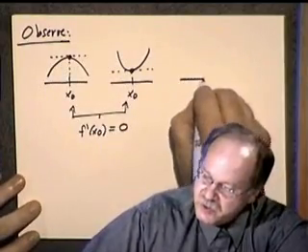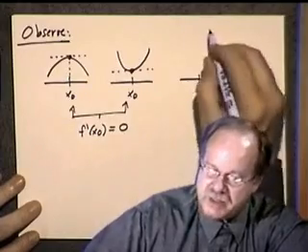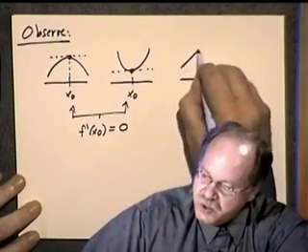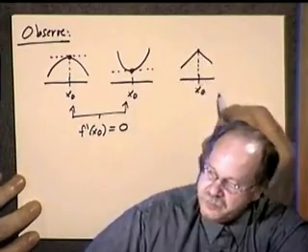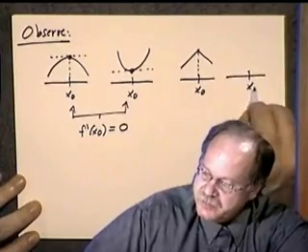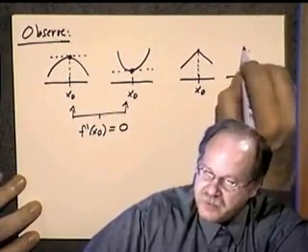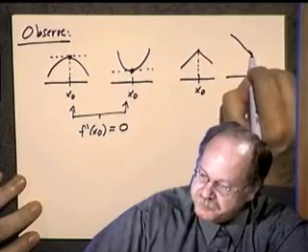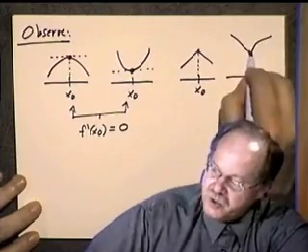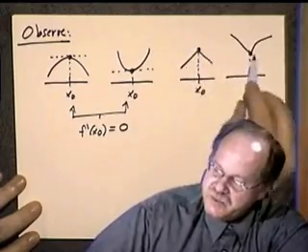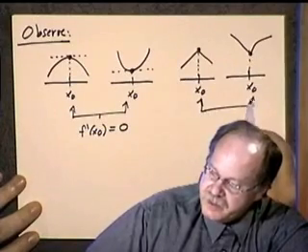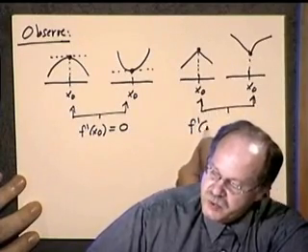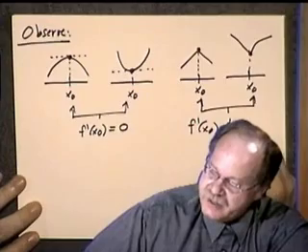However, these are also legitimate maximums and minimums. Here is a maximum, and likewise, this might be a minimum. Maybe give it a little curve there. Now, you see what's different about these. In these, the derivative at x naught does not exist.